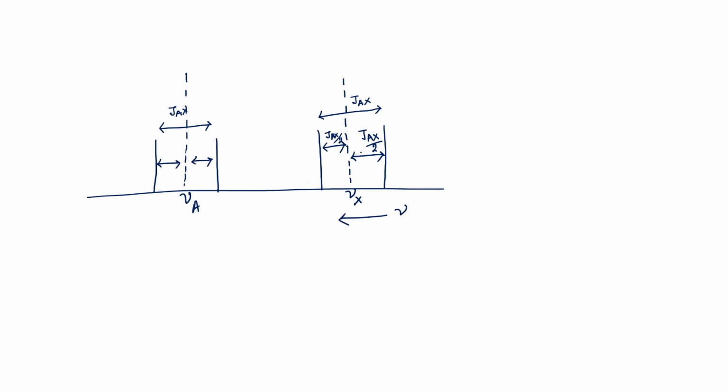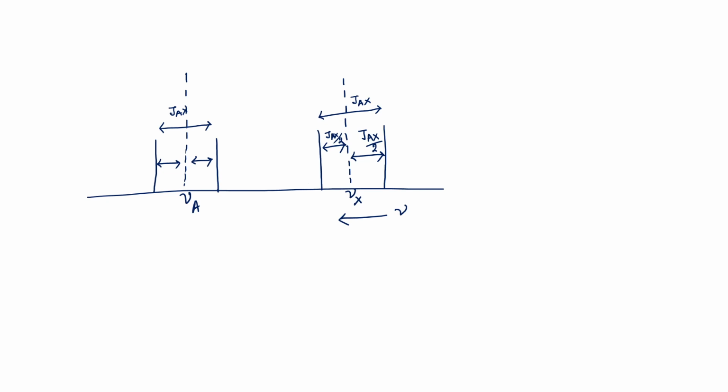This one at plus and this one at minus, this one at plus and this one at minus. So this is how you are going to see an AX kind of splitting. But now let us go to another system, which is an A2 kind of system.